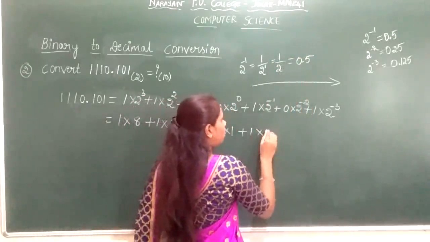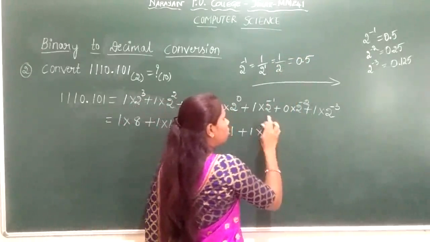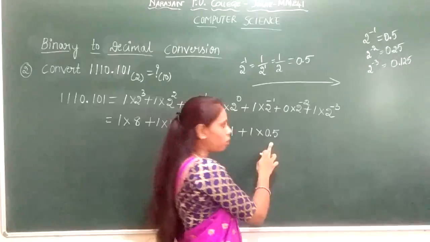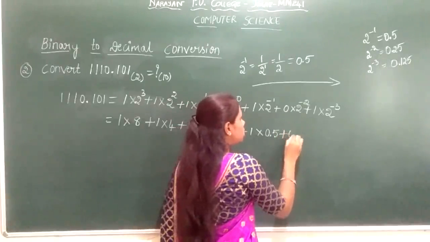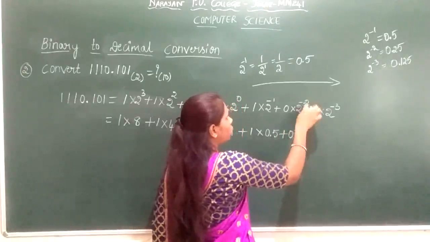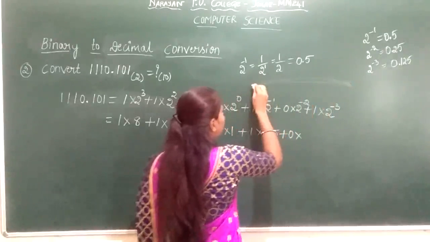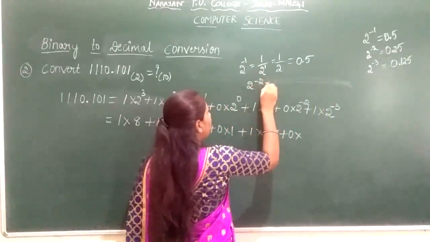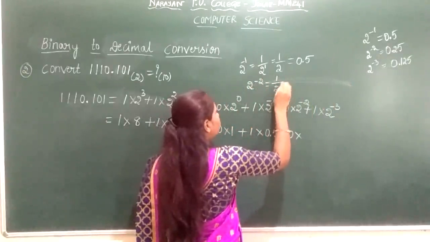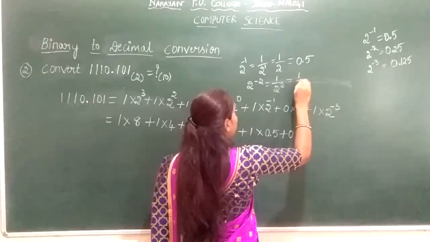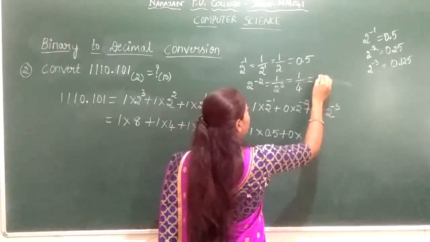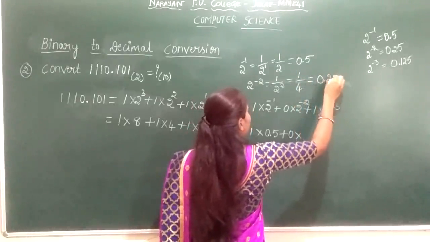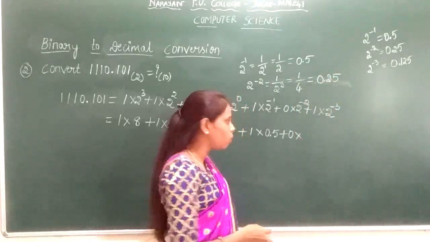So I will directly write 0.5. 2 power minus 1 value is 0.5 plus 0 into 2 power minus 2. So 2 power minus 2 can be written as 1 divided by 2 power 2, that is 1 divided by 4. See, 1 divided by 4 is 0.25.